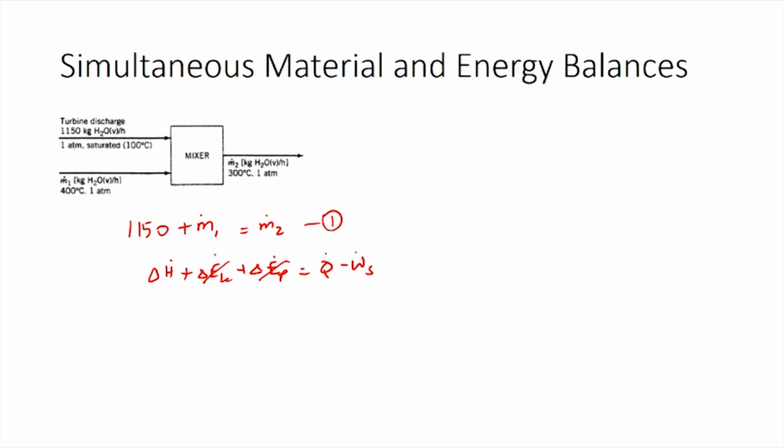As we do not have any moving parts in the system, Ws also goes to 0. In addition, the problem statement tells us that the process is adiabatic, which means there is no heat exchange between the system and surroundings, meaning Q dot is also equal to 0. So, you end up with an equation which is delta H dot equals 0.